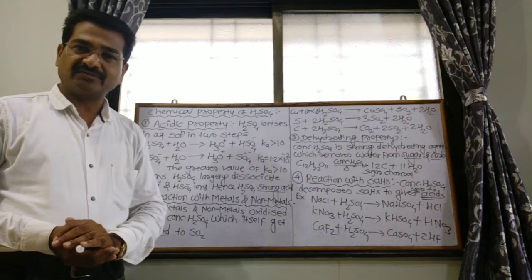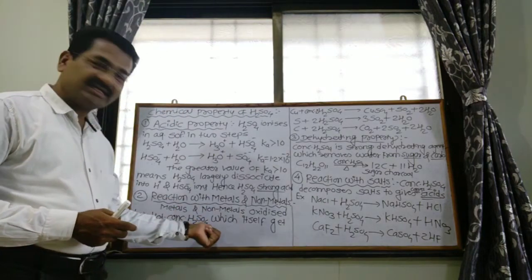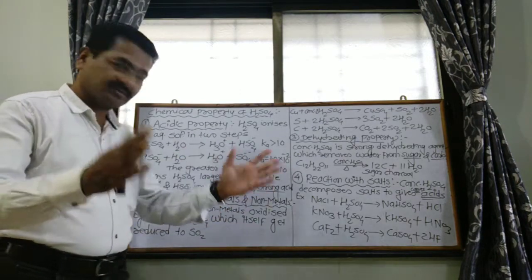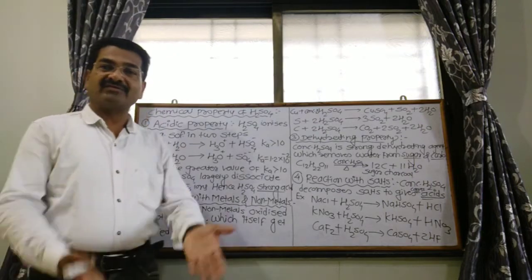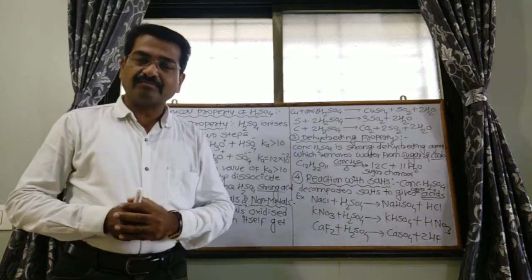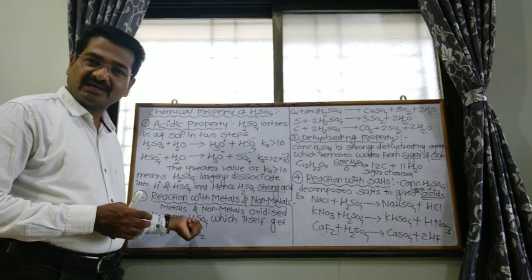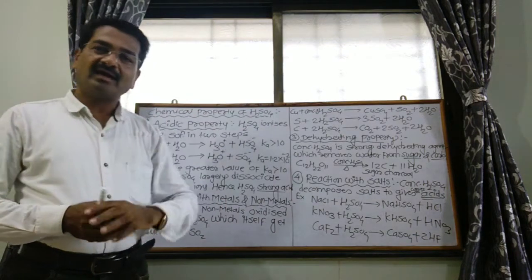For the reaction with metals and non-metals, we require hot and concentrated sulfuric acid, which itself gets reduced to form sulfur dioxide with effervescence. Whenever metals or non-metals react with hot and concentrated sulfuric acid, it gives effervescence of sulfur dioxide gas.